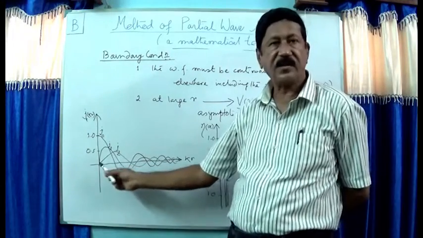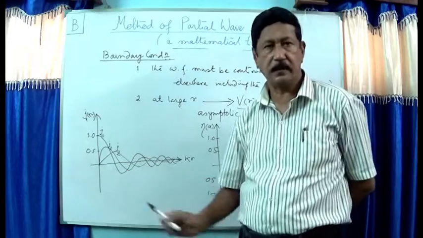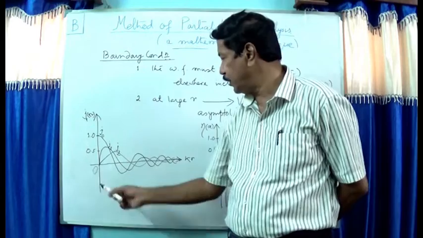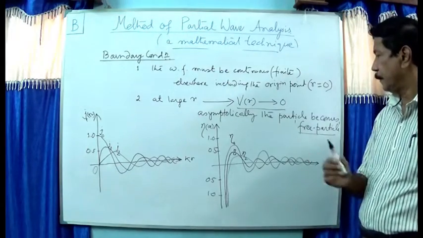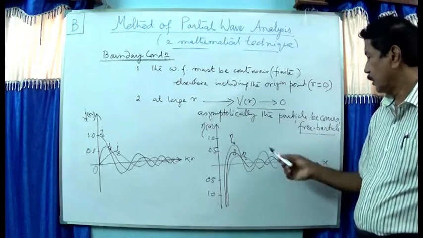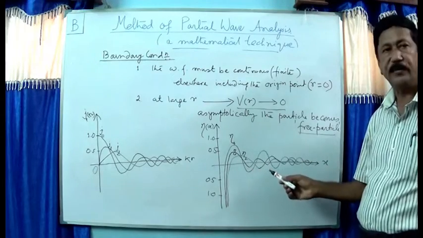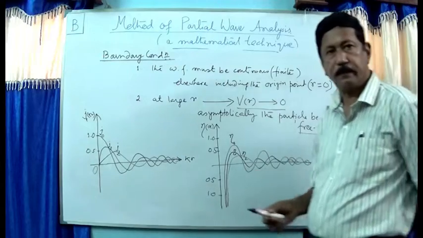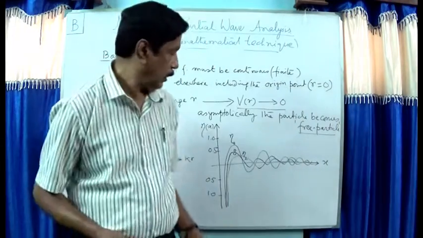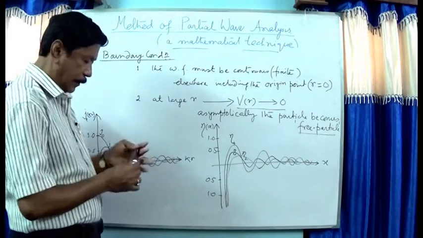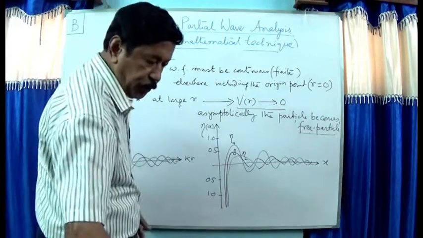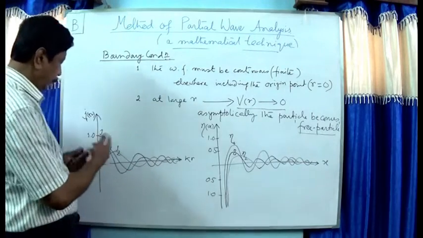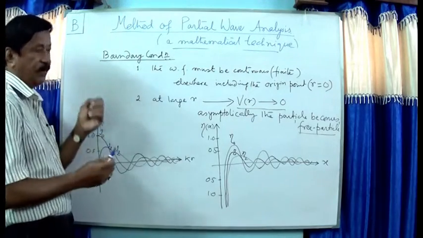That is, the function is finite everywhere, including the point 0, the origin. Here, for the Neumann function, we see the function is discontinuous. So our choice of acceptable solution would naturally become this spherical Bessel function.